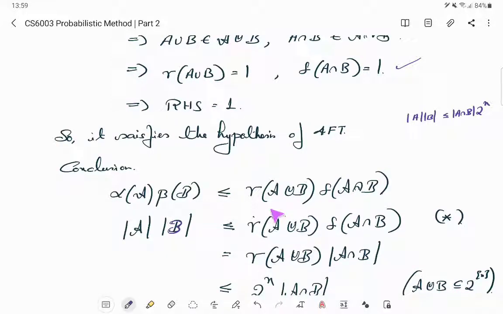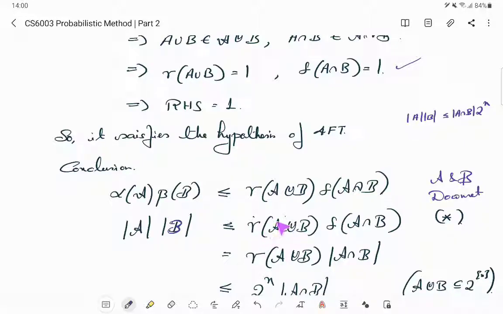Now for the right hand side, remember that this A double intersection B, this is the first time that we are using the fact that A and B are down sets. Since A and B are down sets, we already showed that the double intersection is the same as the classical intersection. So this is delta of A intersection B, and hence it is nothing but the number of elements in this family, script A intersection script B, because delta is just the characteristic function of that family.